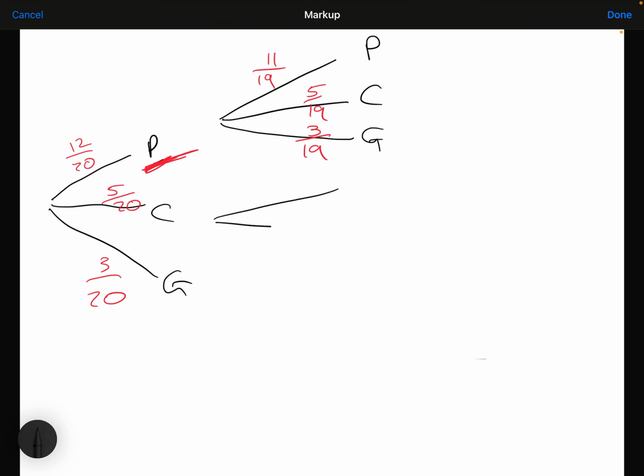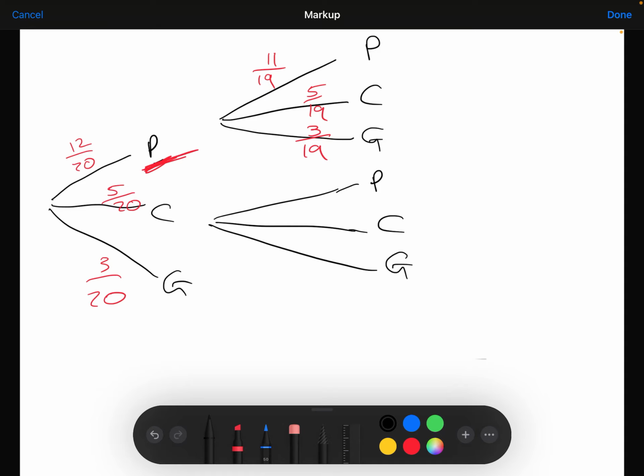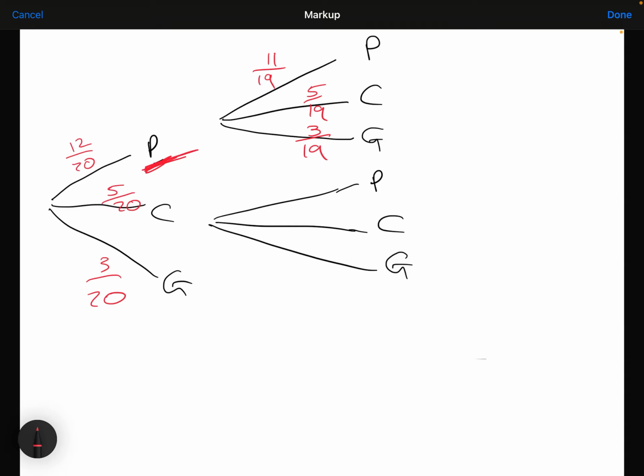It could be that I took a chocolate out the first time, in which case I could still take a plain, a chocolate or a ginger the second time, but the probabilities would be different. Because if I took a chocolate out the first time, there would still be 12 plain biscuits left. Remember, there were 12 plain biscuits altogether. So there would still be 12 plain biscuits left, out of 19, because there were 20 biscuits and I took a chocolate one out, so there's 19 left.